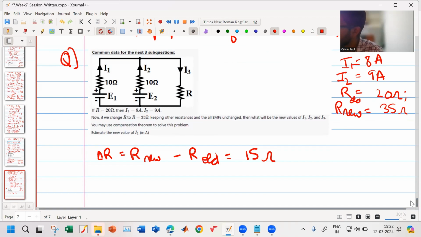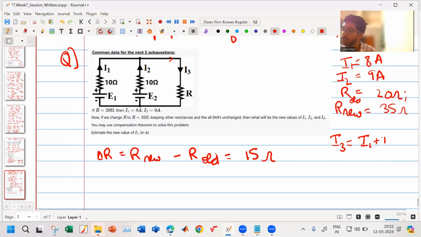Now we have to apply compensation theorem. What is I3 over here? I1 plus I2. What is I1 plus I2? 17. So I1 plus I2 is equal to 17.